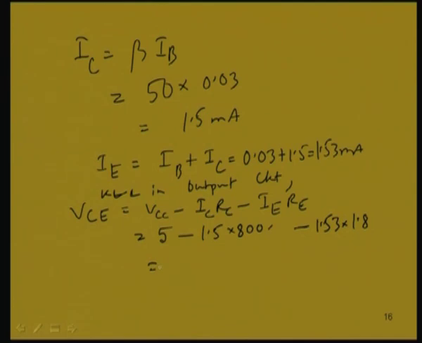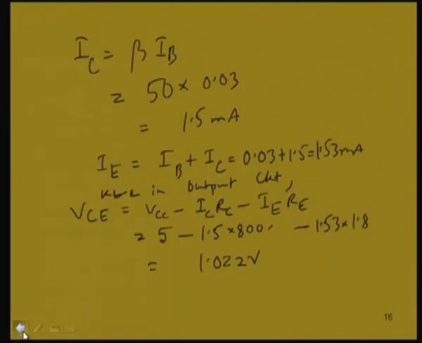So, that gives the value of VCE equal to 1.022 volt. Checking this answer, we should get 1.022 volt here. So, we now have VCE equal to 1.022 volt. If I know VCE, then what will be this VCB?